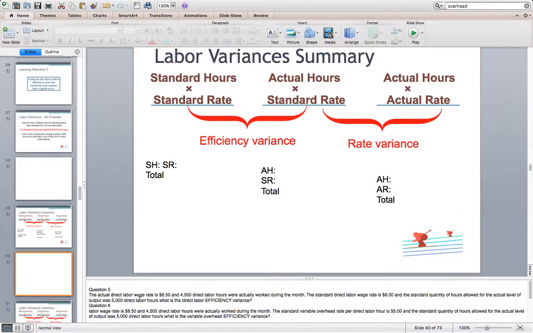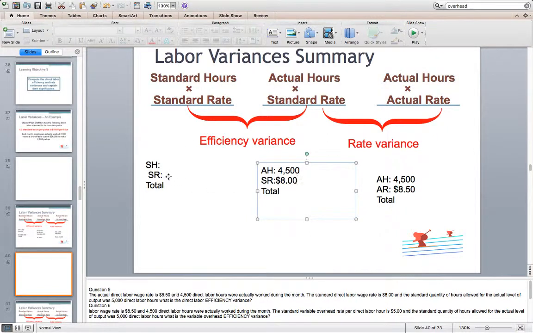So it says the actual direct labor wage rate is $8.50, so that would be an actual rate. So actual rate is $8.50. Actual rate, and then actual hours is 4,500 actual hours. Standard rate is $8. $8 right here.